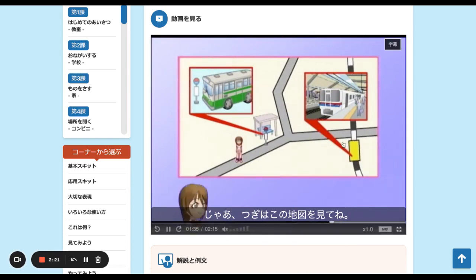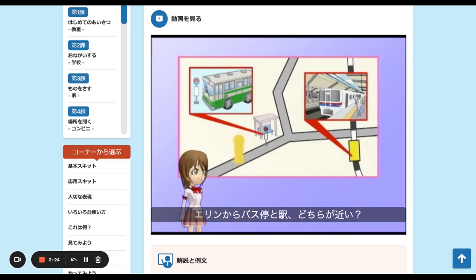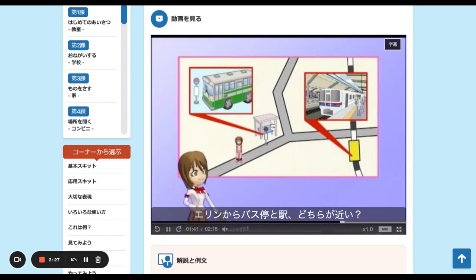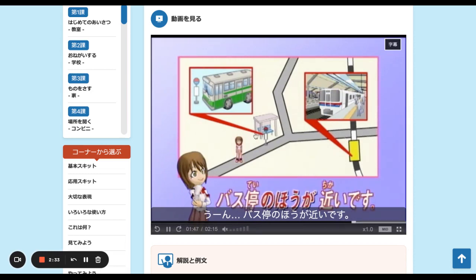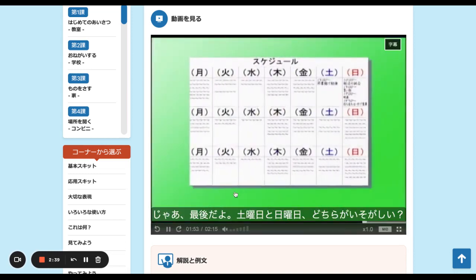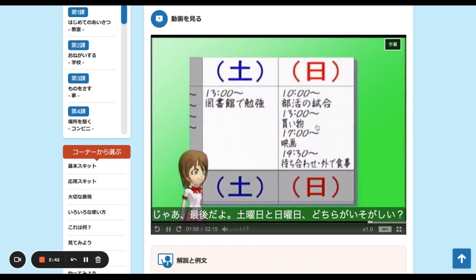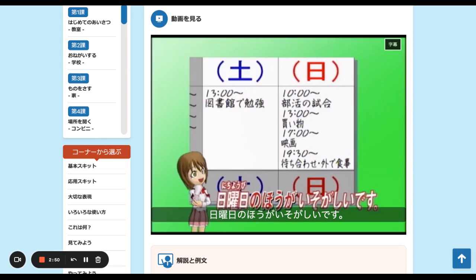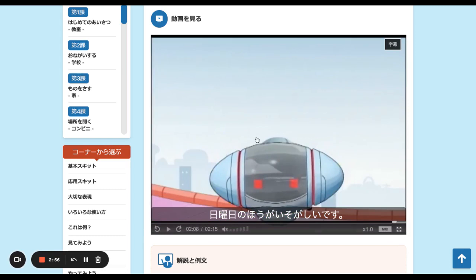So look at this map. エリンからバス停、エリンから駅、どちらの方が近いですか？バス停の方が近いです。How about this one? 土曜日と日曜日、どっちの方が忙しいですか？ Obviously, 日曜日 has a lot more schedule written, so 日曜日の方が忙しいです。This is a very good example sentence, but they are all about noun comparison, right?